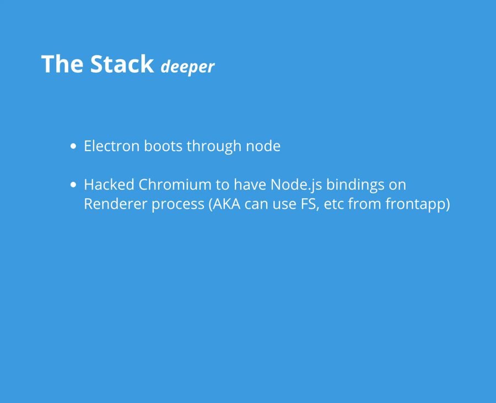Electron boots through Node. And this is a very important detail, and it's a very big difference compared to Node WebKit, if you have heard of it, which is what we used to have before we had Electron.